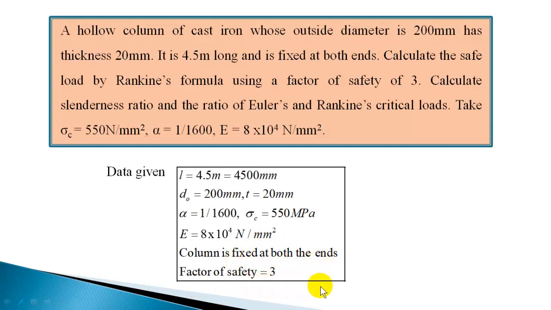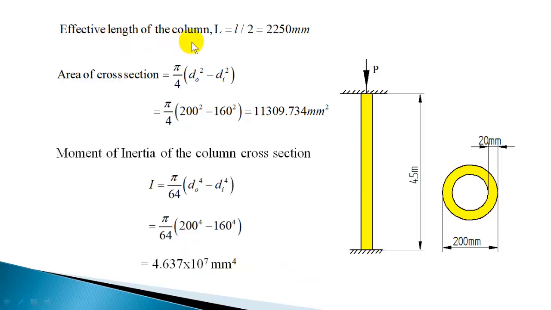Factor of safety is equal to 3. Let us work it out. Since both ends are fixed, effective length of the column Le is equal to L by 2. So 4.5 meter means 4500 mm divided by 2, or you get 2250 mm.